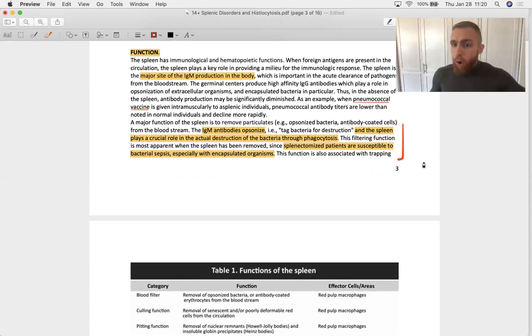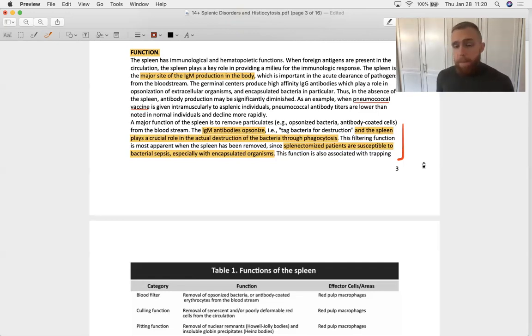So in order to hold on to bacteria, you've got to opsonize it first with IgM and IgG. And when you opsonize an encapsulated bacteria, that lets macrophages hold on to them and eat them up. So if you opsonize encapsulated bacteria, you can eat them and get rid of them. But if you do not opsonize them, they are so slippery because of their capsule that you cannot phagocytose them and get them out of the bloodstream.